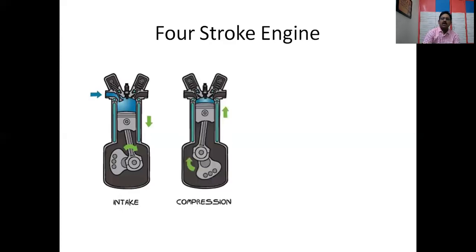The second stroke is called the compression stroke. During the compression stroke, the piston moves from bottom dead center to top dead center. So the first one is the intake stroke, top dead center to bottom dead center. The second one is the compression stroke, from bottom dead center to top dead center.